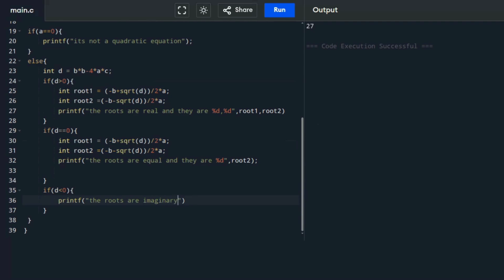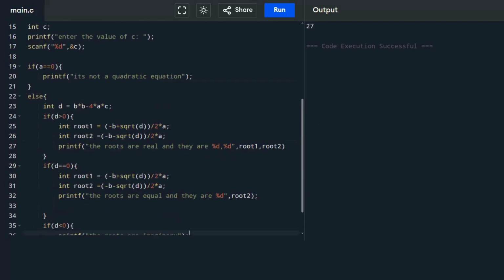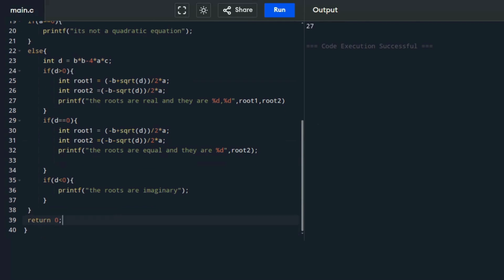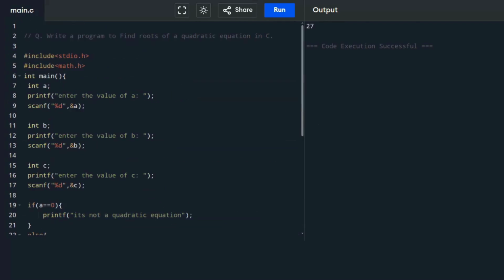So if d is greater than 0, d is equal to 0, and this and this, and I will write return 0. All right, so let's run this code. I missed a semicolon right there.